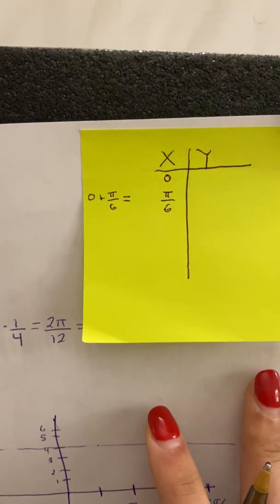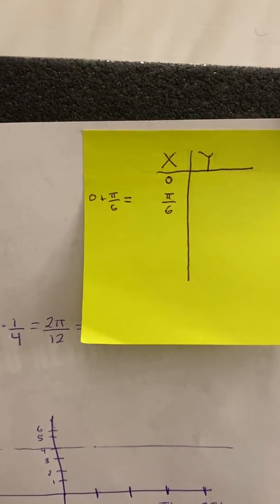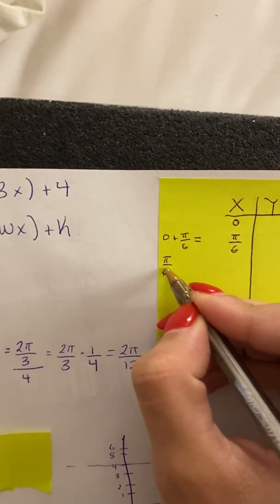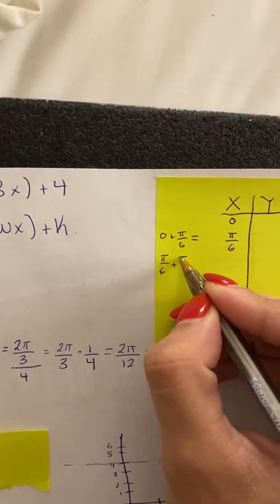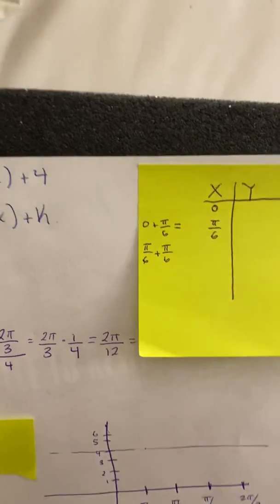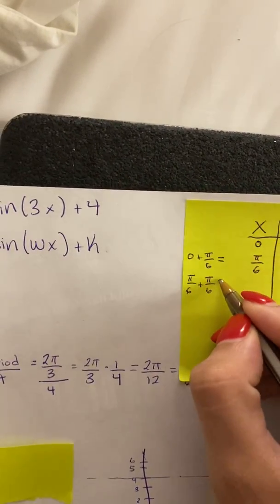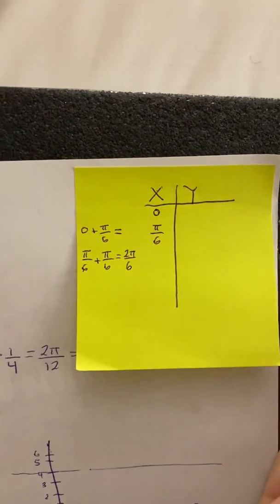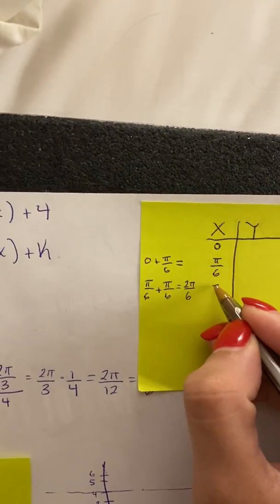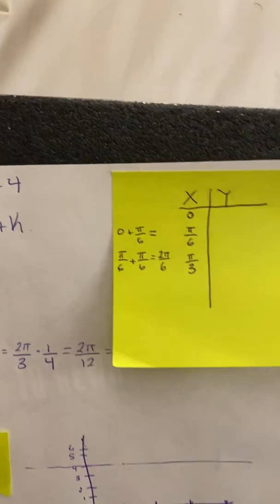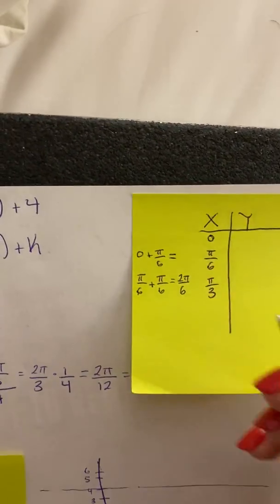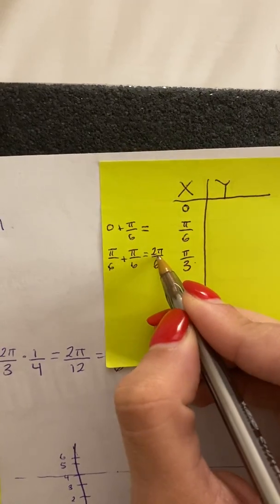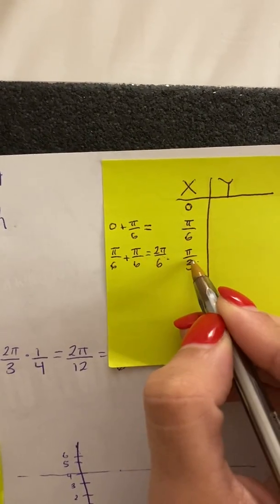Now we need 3 more points. Let's start with pi over 6, because that's where we were first. We're going to add another pi over 6, because our interval will always increase evenly. That will give us 2 pi over 6, which you can simplify to pi over 3. Next, you're going to start with the point that we just had, 2 pi over 6, which is the same thing as pi over 3.